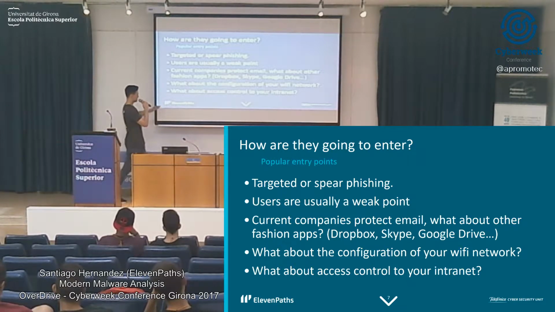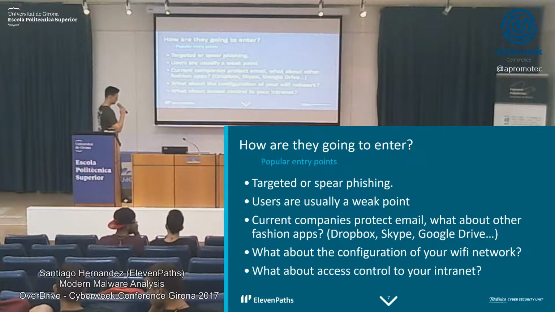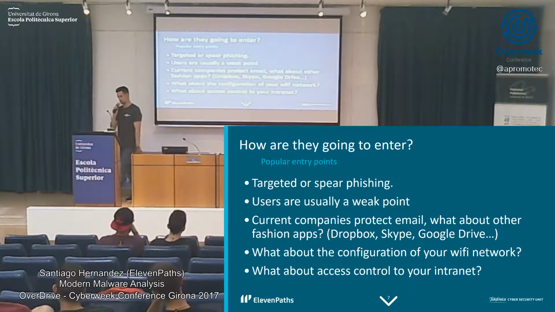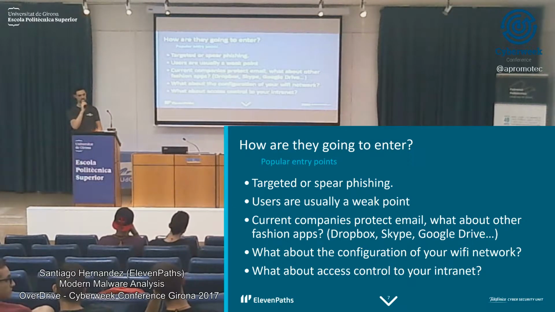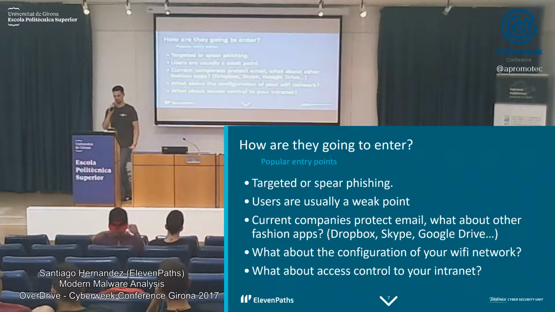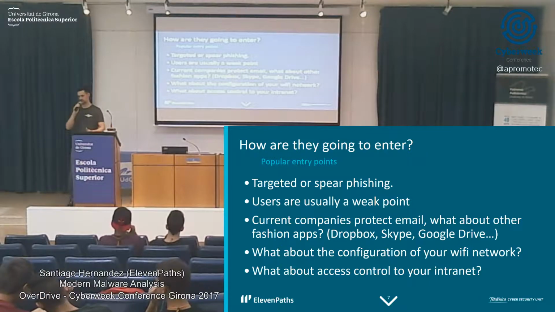They are going to use your access control to your intranet. One of the things that a lot of companies don't take into account is that nowadays all the applications have evolved. In the last 10 years, phishing, for example, was performed by email, and that was the first entry point for phishing.